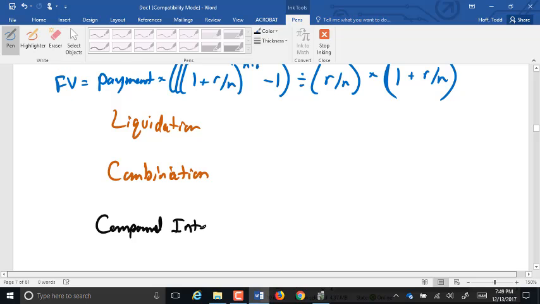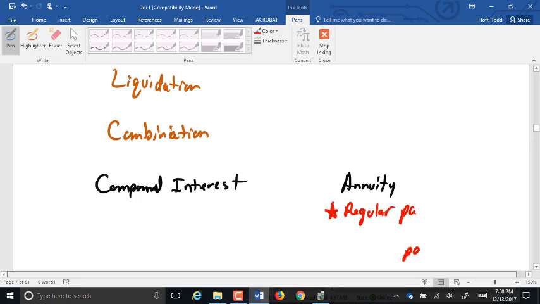The compound interest, future and present value, and the annuities, what's the big difference? Regular payments. If it has regular payments going in or coming out, it must be an annuity, which is the big long formula.